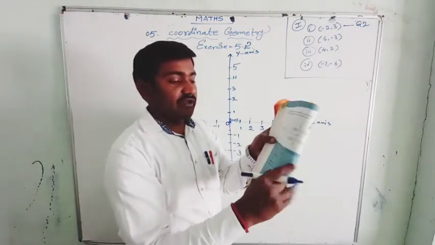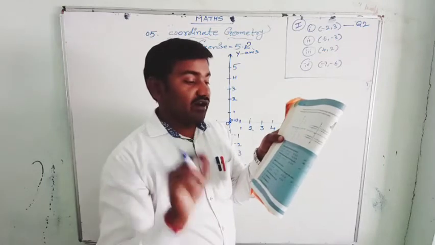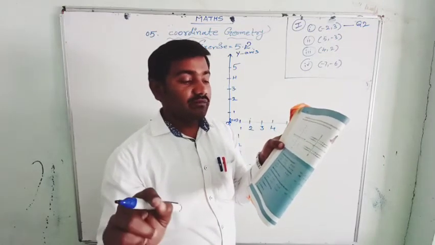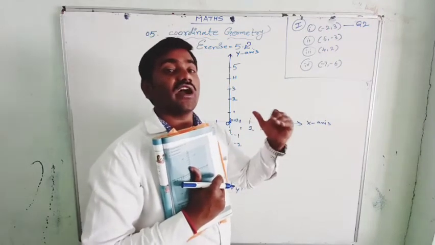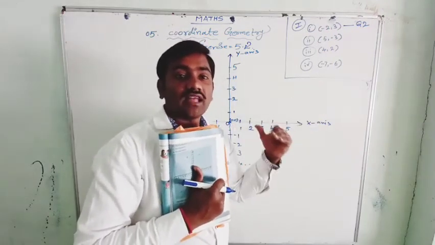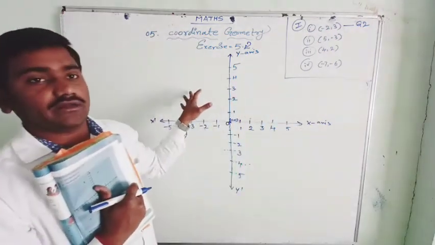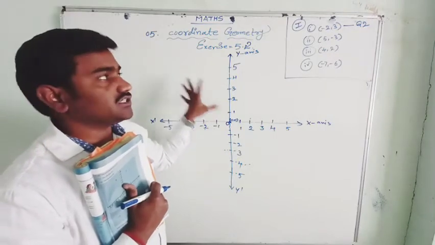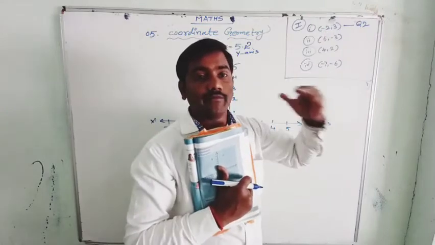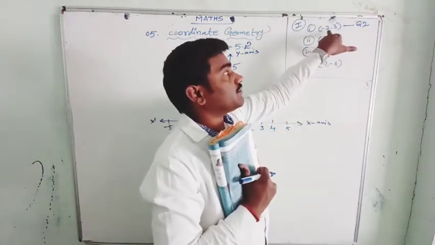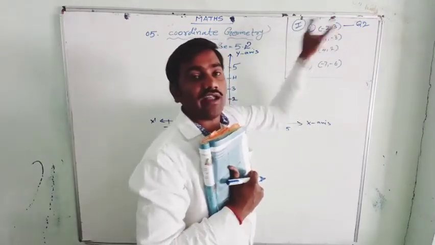In the question, it says write the quadrant in which the following points lie. So we have to write in which quadrant they lie. It doesn't mean that we have to locate the point here. Minus sign means the x value is negative and the y value is positive.